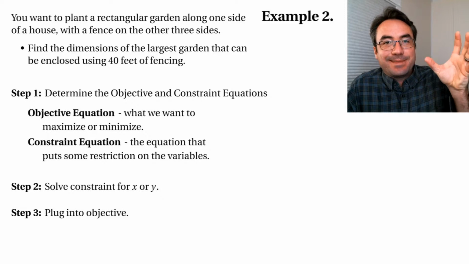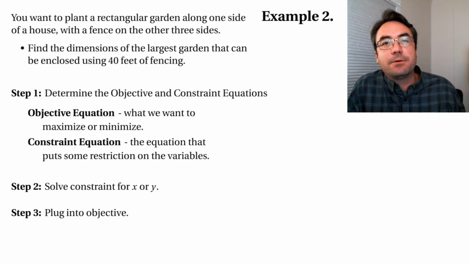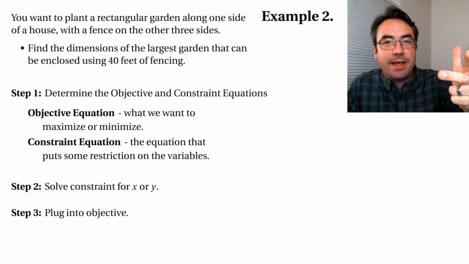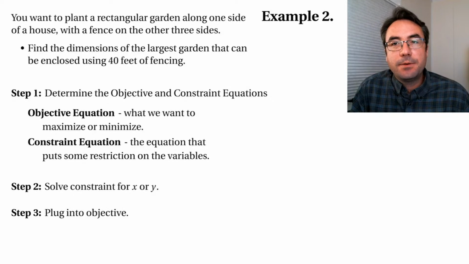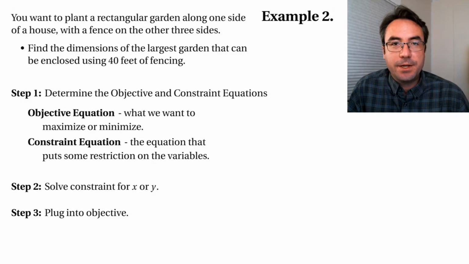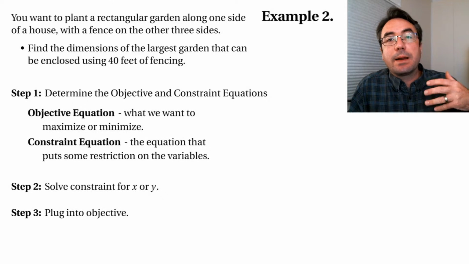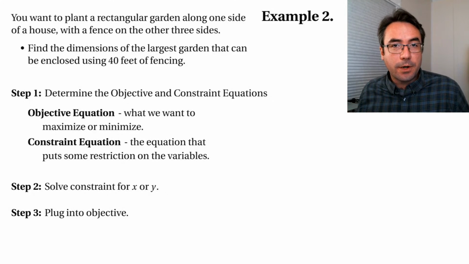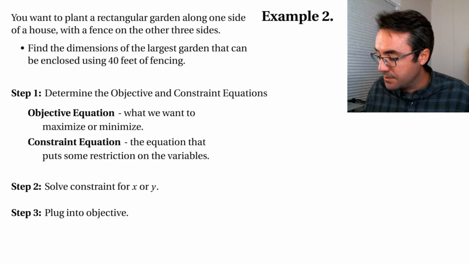going through the constrained optimization process. So step 0 was getting all the preliminary work done: diagram, variables, and figuring out what your equations might be. Now step 1, we're going to figure out what is our objective equation and what is our constraint equation. The objective equation is what we want to maximize or minimize, so we're looking for wording that says most or least or something along those lines.